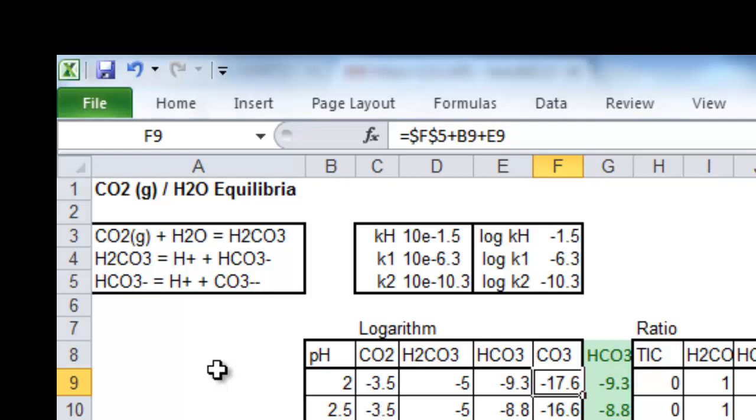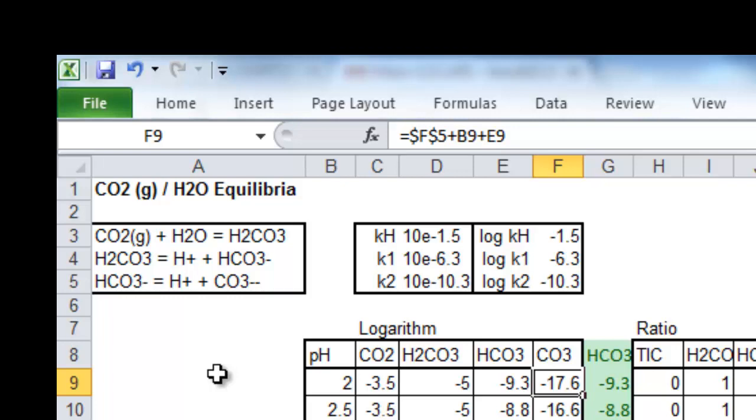Again, if we take logs of both sides, we end up with log carbonate concentration plus log hydrogen ion concentration minus log bicarbonate concentration equals the log equilibrium constant, which is minus 10.3. So to rearrange that, we need to get the log carbonate concentration on its own, so we need to move the hydrogen ion and the bicarbonate to the right hand side of the equation.